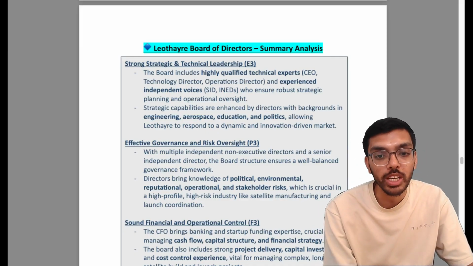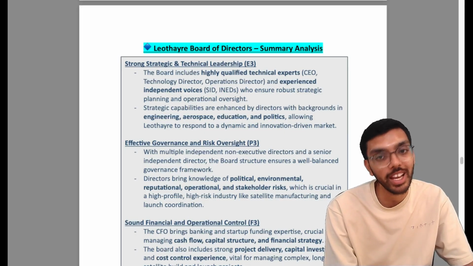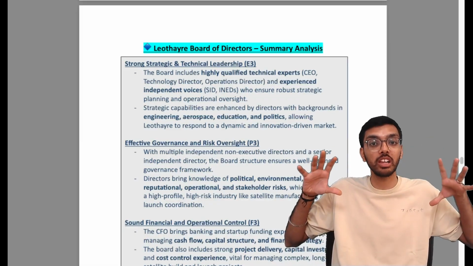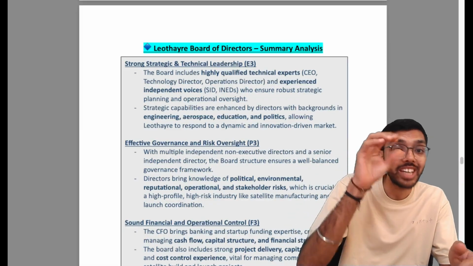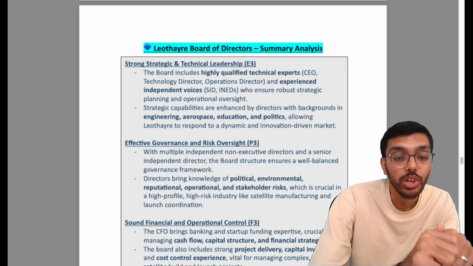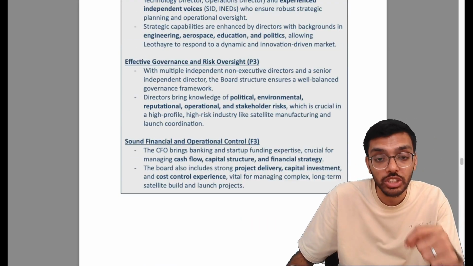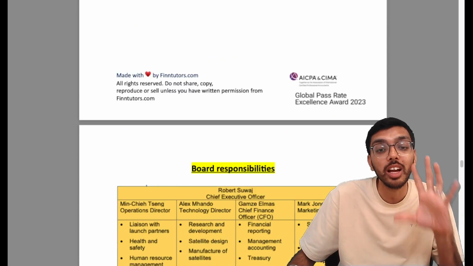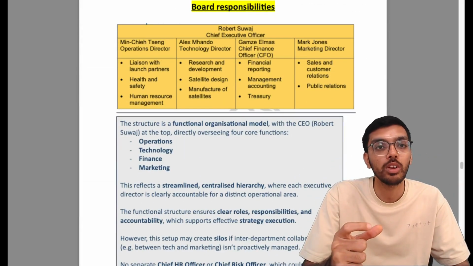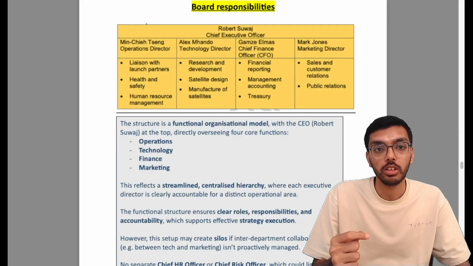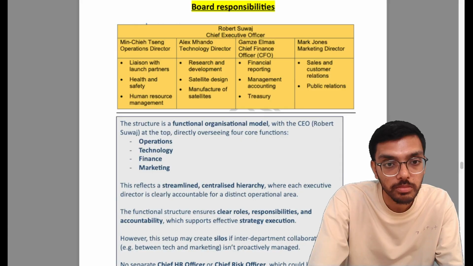And the board also includes strong project delivery, capital investment, and cost control experience. So overall, if I look at my board, it has strong strategic technical leadership, good risk oversight, and sound financial operational control. So overall, the company is well positioned in terms of just pushing it forward because of its leaders.